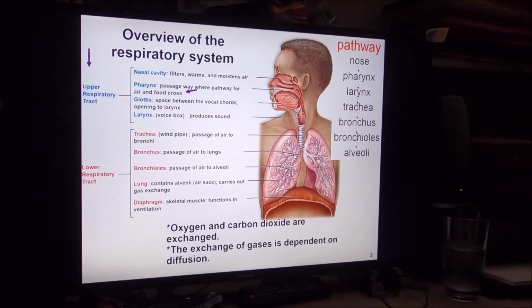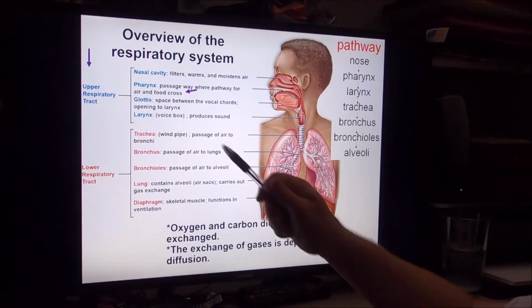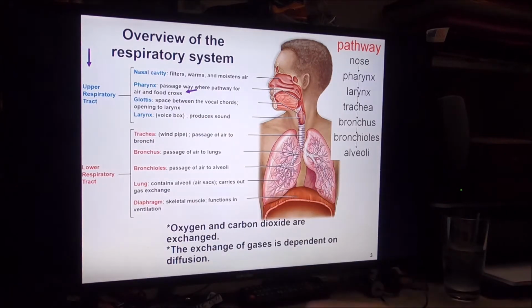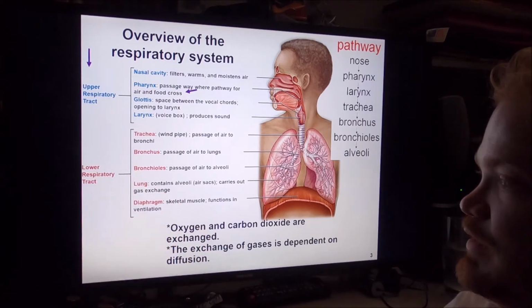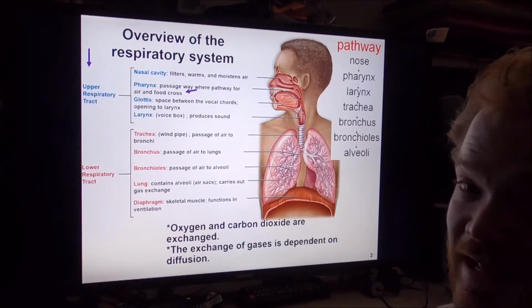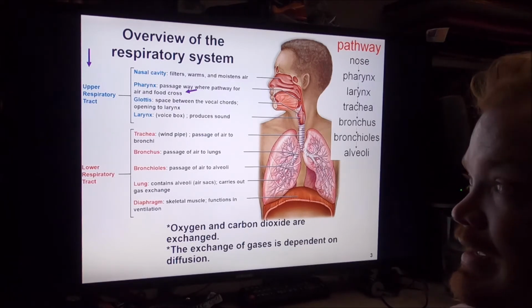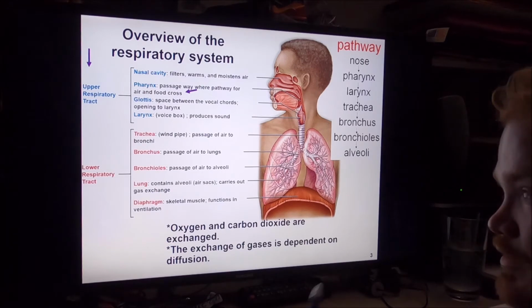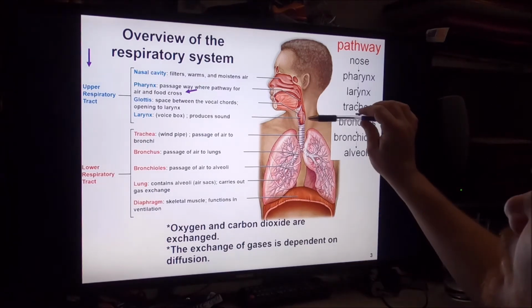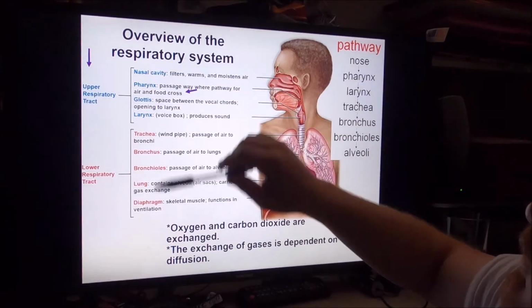So here we have an interesting question. Is the larynx part of the upper respiratory tract, or is the larynx part of the lower respiratory tract? And I'm here to tell you that your book says that the larynx is in the lower respiratory tract. I have never seen that before in my life. I have always read and been told and learned that the larynx is involved in the upper respiratory tract.